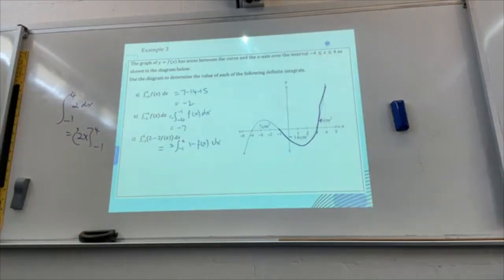It's up to you. I took the 2 out. And therefore, I can do it this way. It really doesn't matter whether the 2 is out there or not. Then you can work on that between minus 1 and 4.